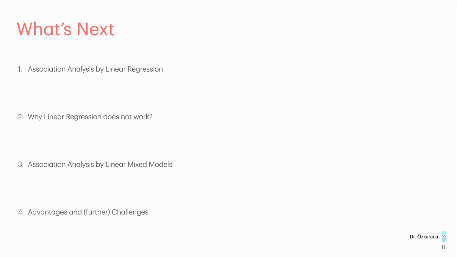And in the next video, we will dive into association analysis, linear regression in GWAS, and why we are not using linear regression in GWAS. And then we will discuss extending it to linear mixed models and the advantages and challenges of using linear mixed models in GWAS. So thank you for watching, and I hope you enjoyed the lecture, and I'll see you in the next video. Bye.